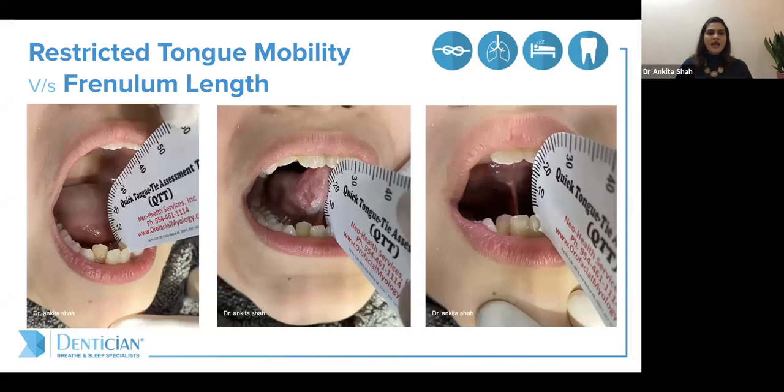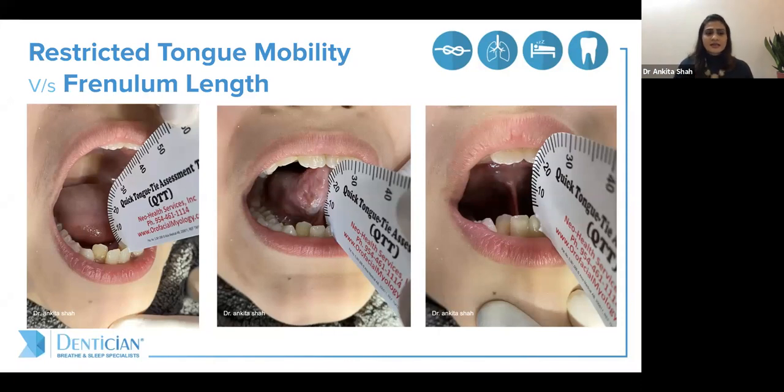In earlier times, most commonly the measurement that was used was the Kotlow measurement, where they actually measured the frenulum length. But what about the functionality of the tongue, right? What about the back of the tongue going up? What I'm trying to explain here is that it's not only about the length of that frenulum, but about the function and the tongue mobility, because the tongue has to form a wave and swallow.